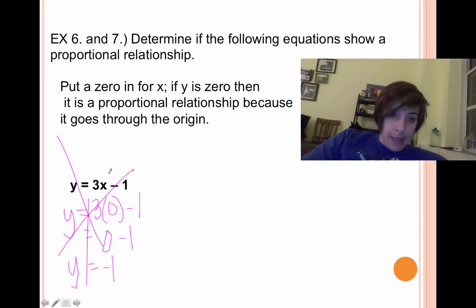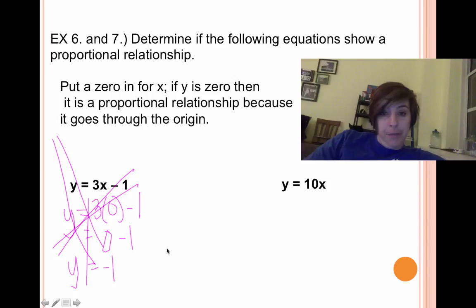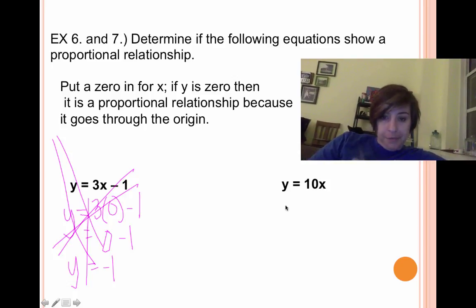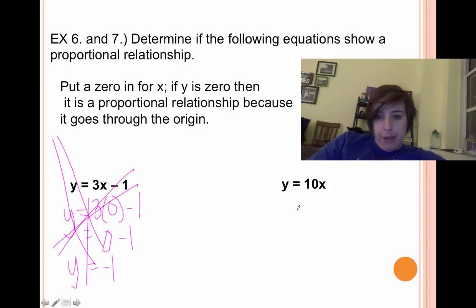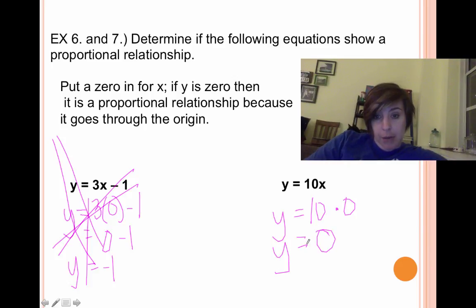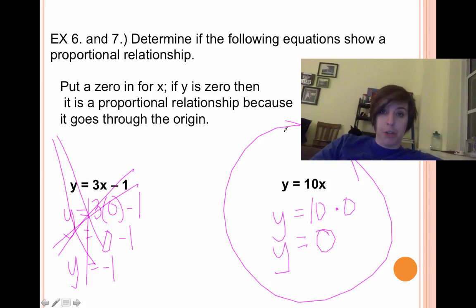This is not proportional because y has to equal 0. Let's try it here. If I put in a 0 for x, 10 times 0 is 0, y equals 0. Yes, this is a proportional relationship.